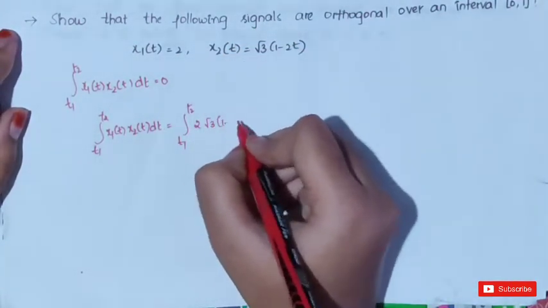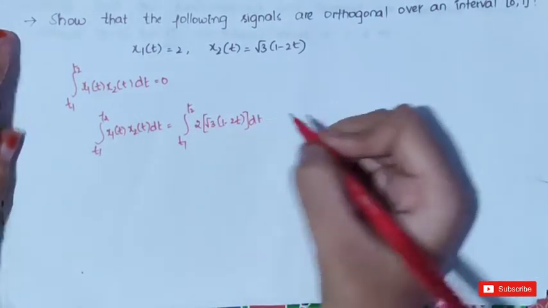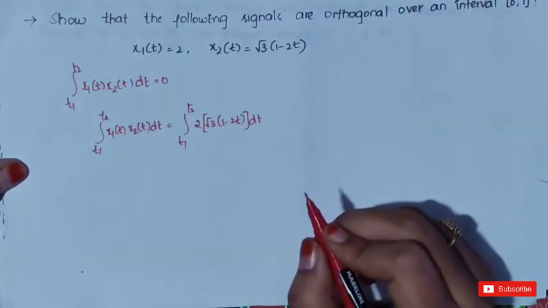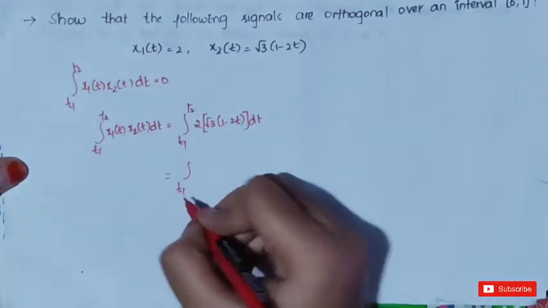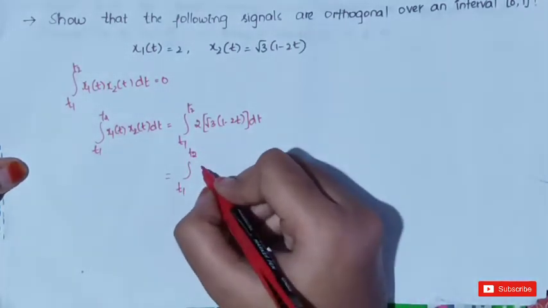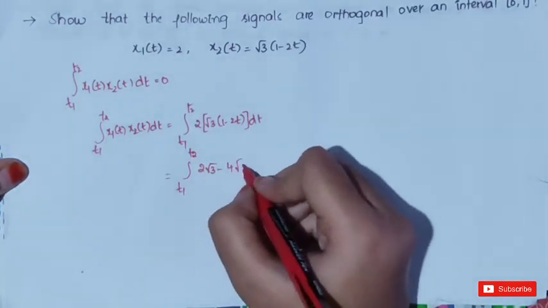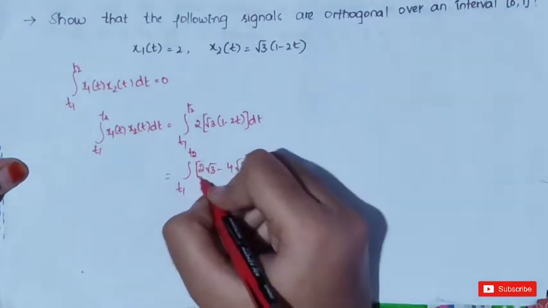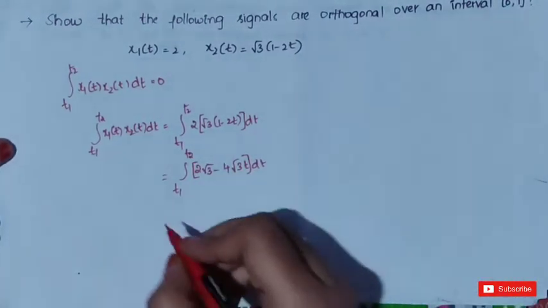Root 3 into 1 minus 2t dt. From this we can write it as integral t1 to t2 of 2 root 3 minus 4 root 3 into t dt.